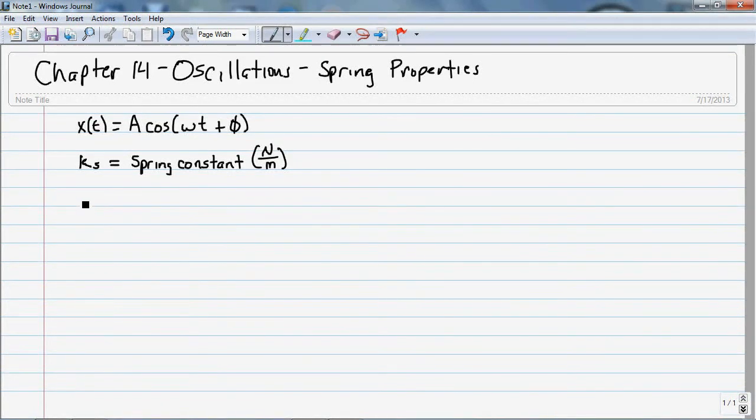We also had some mass attached, and the mass moving, and there is a parameter omega that is based on the spring constant and the mass.